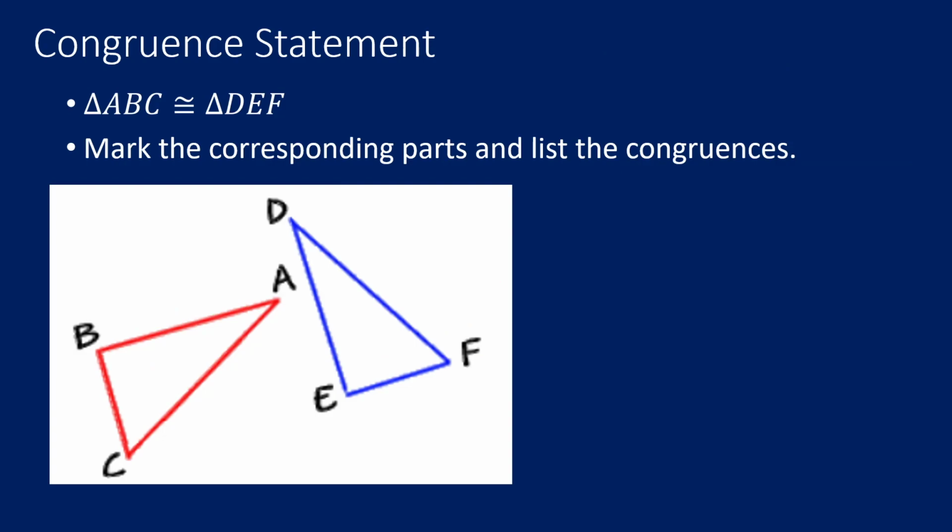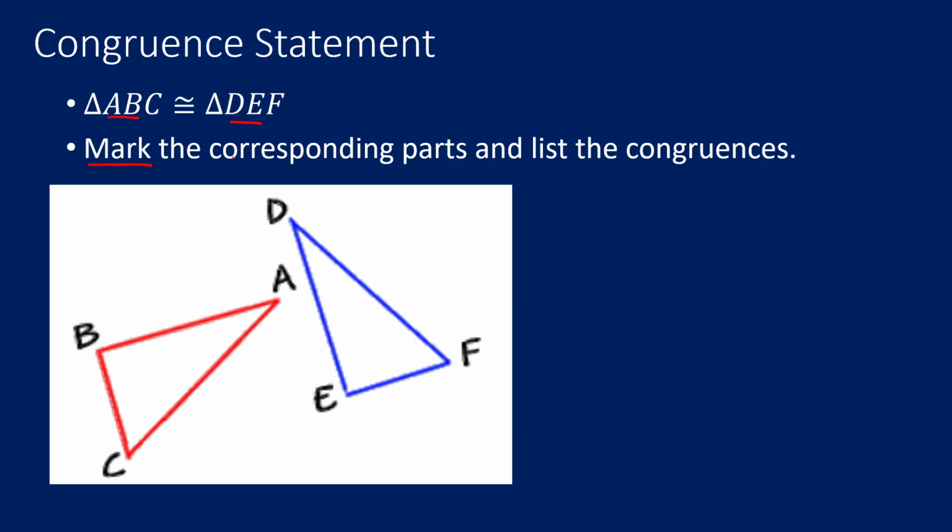Okay, so if we were going to do this picture, where ABC and DEF are congruent, we would ask you sometimes to mark the figure. And the way you do that for segments is you put a little line segment on it. So AB goes with DE.